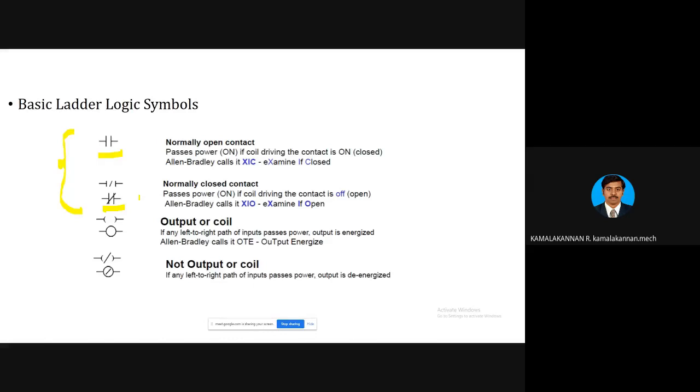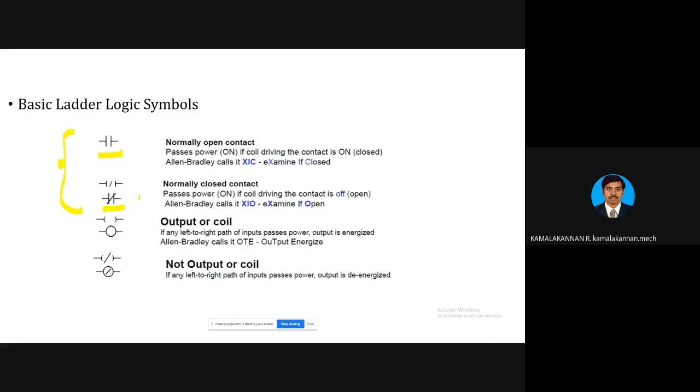When you supply input, the condition it has will be reversed. When you have a normally open contact and give input, it will change to normally closed. Likewise, a normally closed contact will change to normally open when you give an input. This logic will be used many times in our ladder logic programs. So keep this in mind and don't forget.